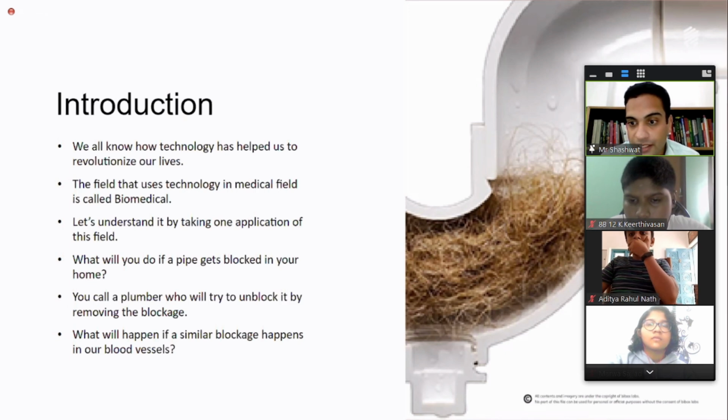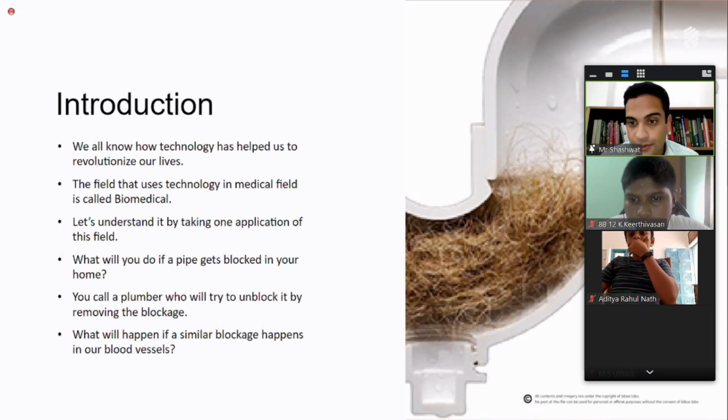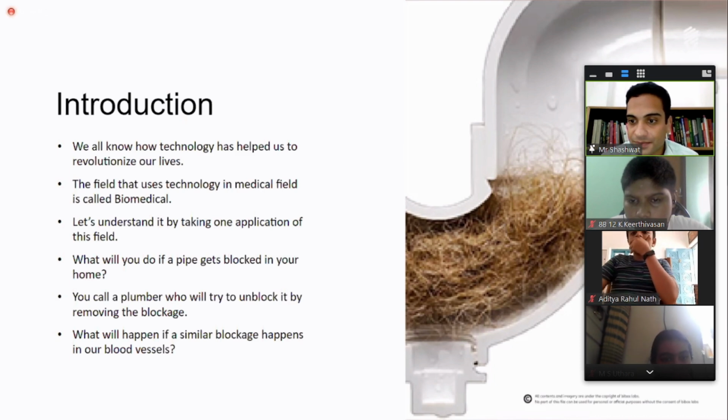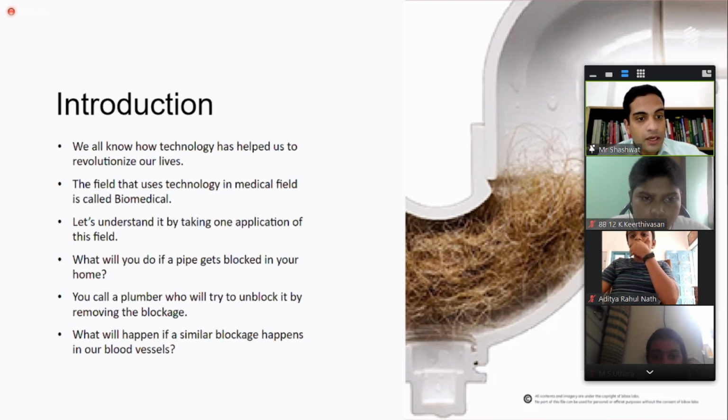If that situation arises at your home, what will you do? Obviously, you have to remove the blockage. You'd have to call the plumber. The plumber will remove the blockage, and this pipeline would start functioning properly then, right? Right. So this is similar to what we are going to learn today. You call a plumber who will try to unblock it by removing the blockage.